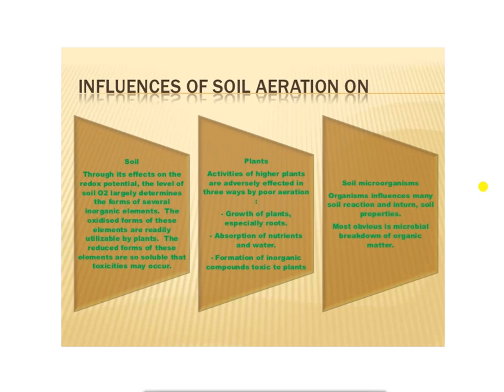Activities of higher plants are adversely affected in three ways by poor aeration. Then the next important influencing factor is soil microorganisms. The organisms influence many soil reactions and in turn soil properties, which have a great influence on soil aeration.